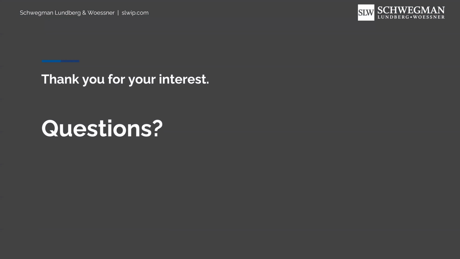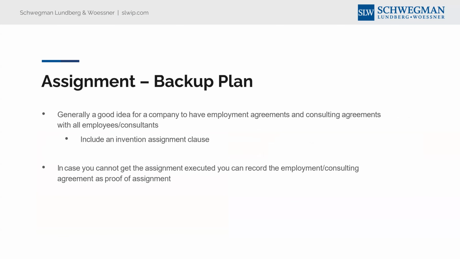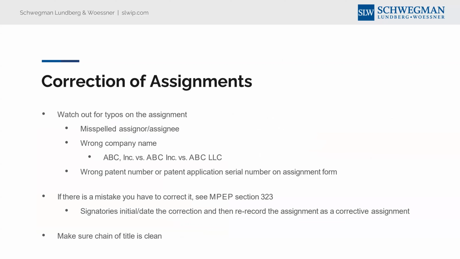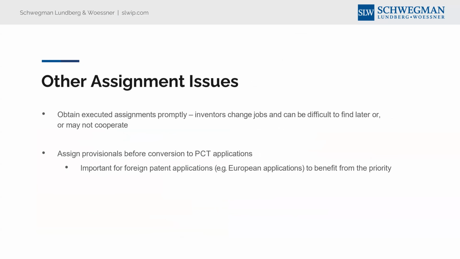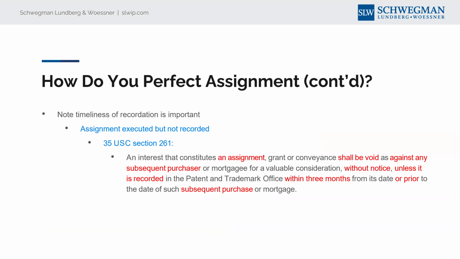Ryan, thank you very much for that excellent overview. We do have a few questions queued up here. Would you please skip up to the slide on how to perfect assignment continued, where you quote 35 USC section 261? You've got some red text on that. That's the one.